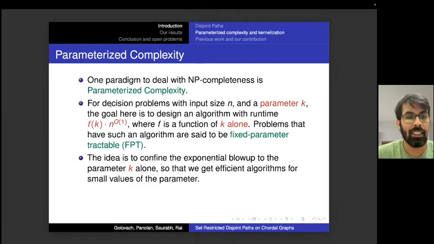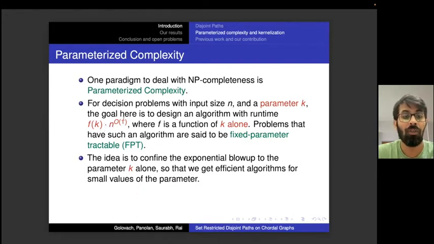So why such a running time, one may ask. We cannot expect this f to be polynomial because then we'll have a polynomial time solution for an NP-complete problem. So this f is essentially going to be exponential, but we want the exponential part to be independent of n.